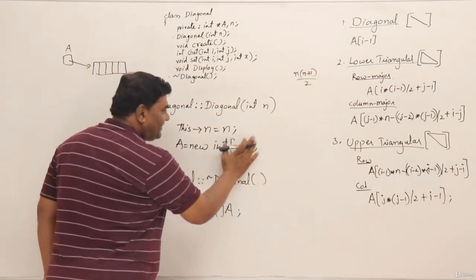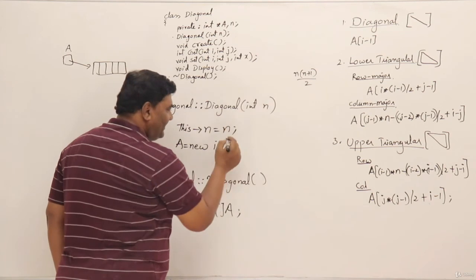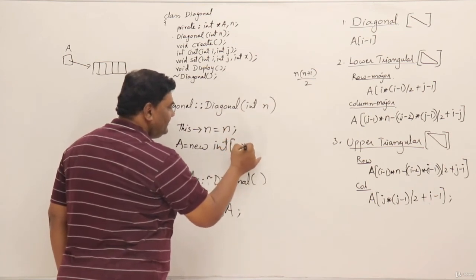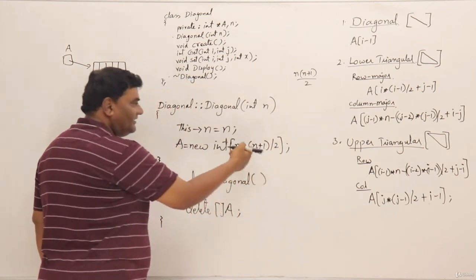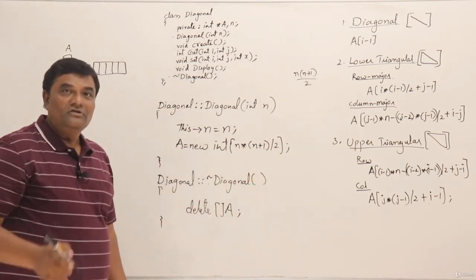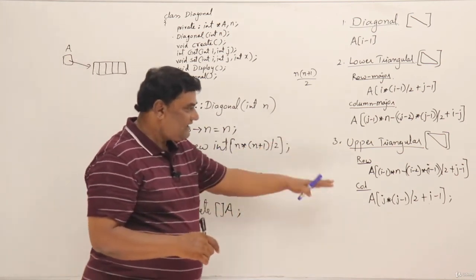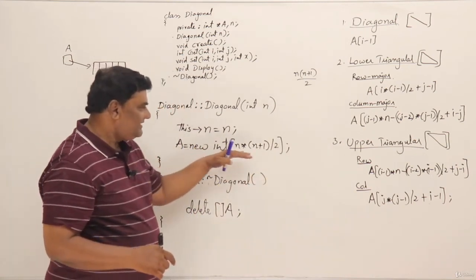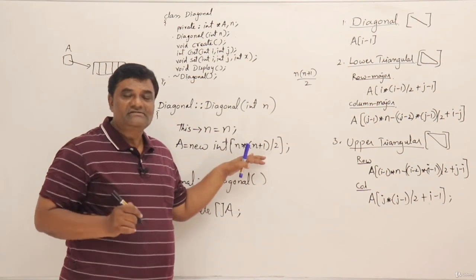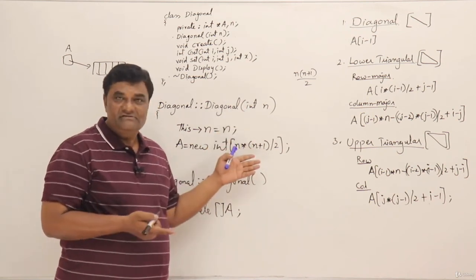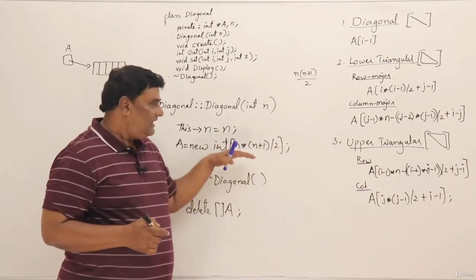These many elements are there. So here, if I am writing the code for lower triangular matrix, then here I should write n into n plus 1 by 2. This is the change. Now, depending on the matrix that you are writing, you have to allocate the space, so use that formula for the space. That's it. It's simple. Class name is related to the matrix and this will change.